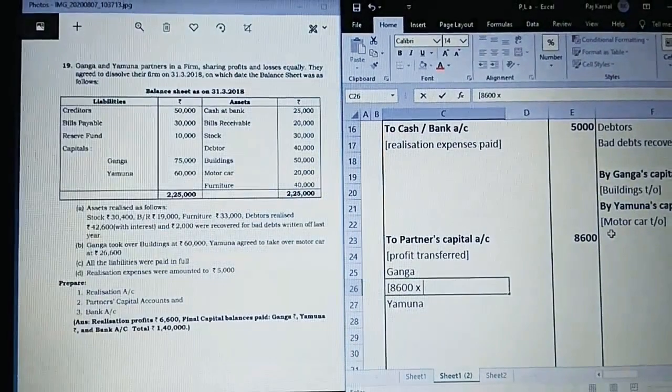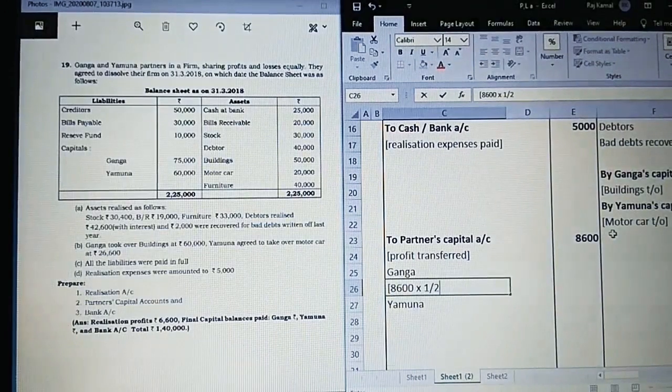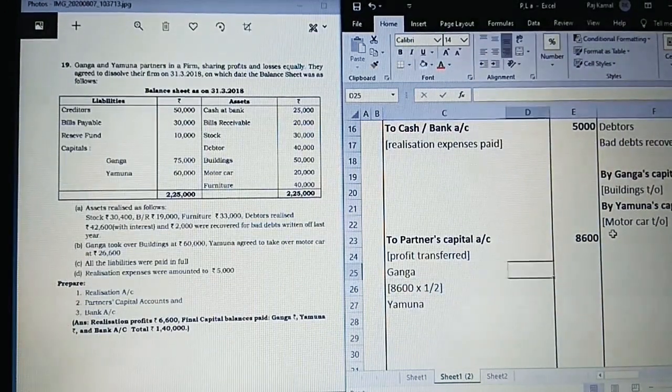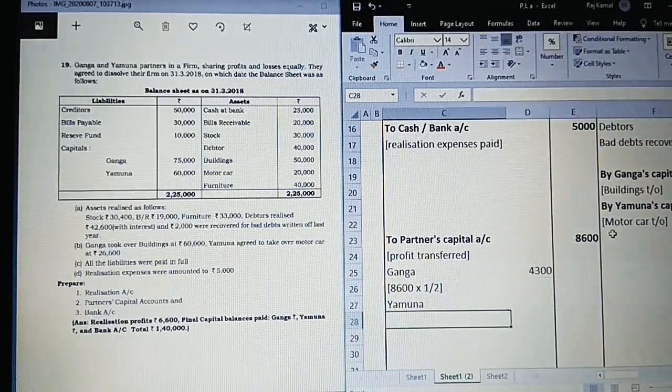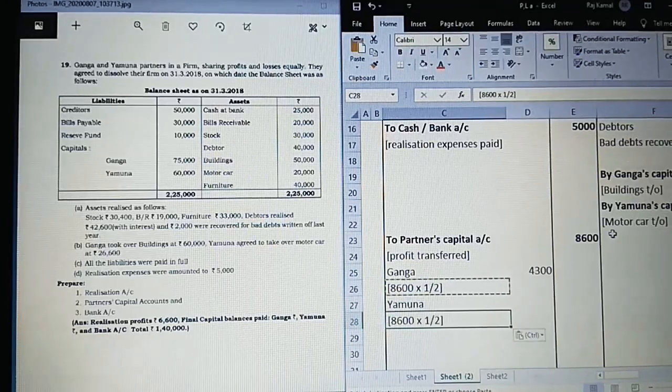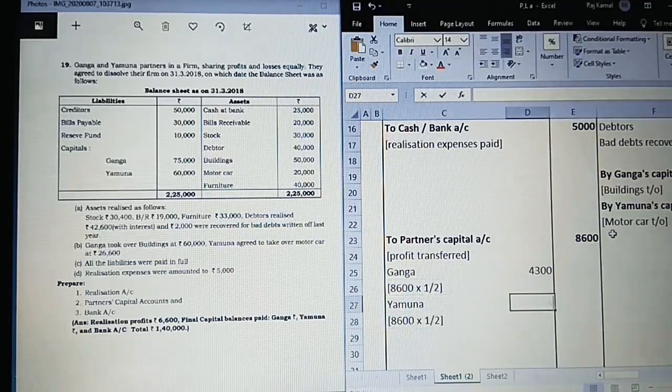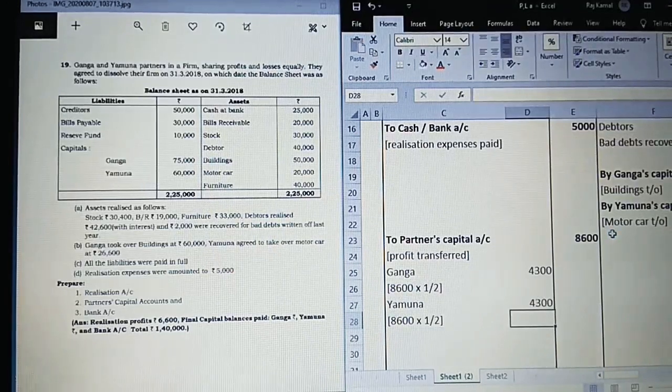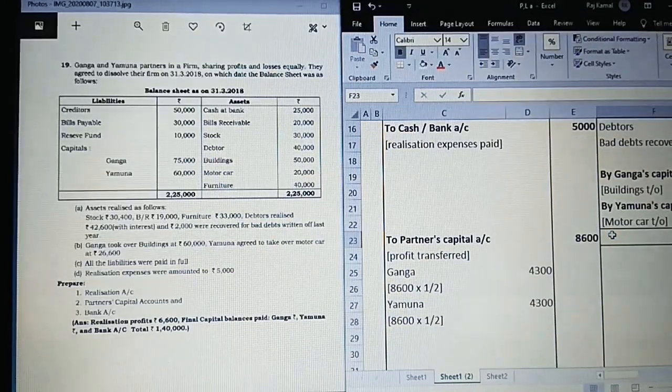Equally they are sharing, so it is 1/2. 4,300. And for Yamuna, it's going to be the same again, so let me just copy and paste it. 4,300. So we have completed with the realization account.